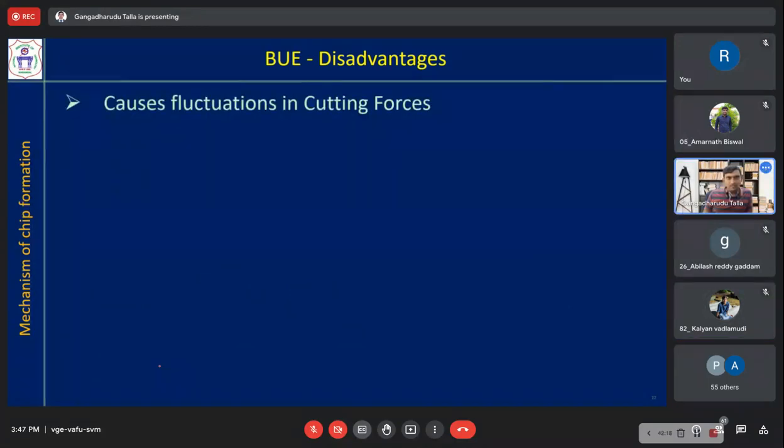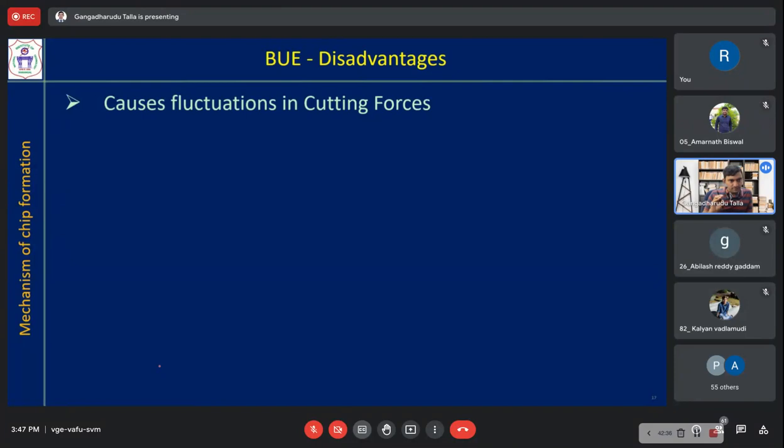So here, the same thing is put in words. It causes fluctuations in cutting force. How? Because for some time, layer by layer, the built-up edge is getting formed.